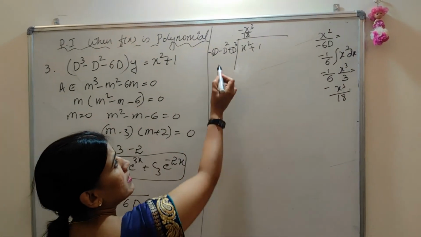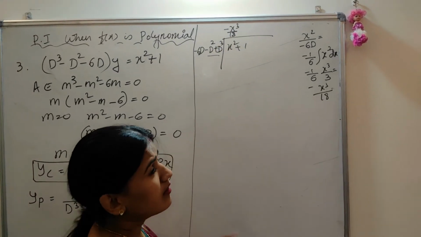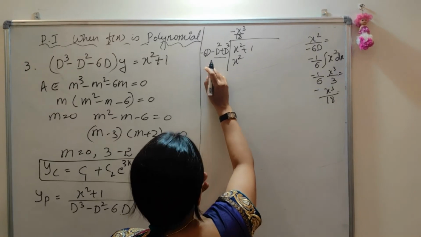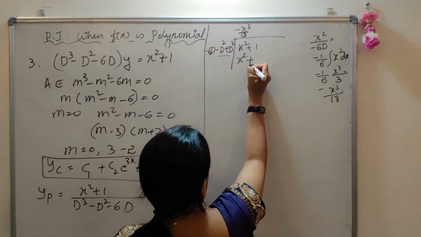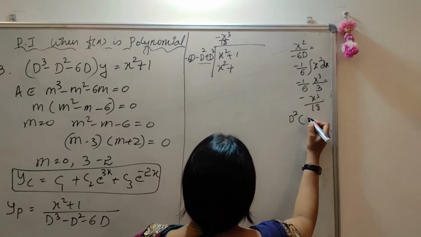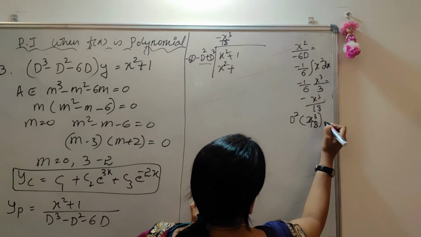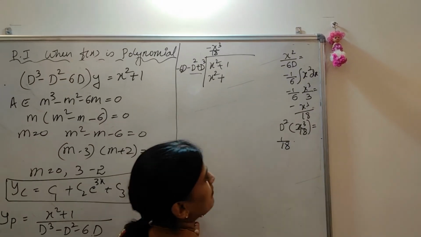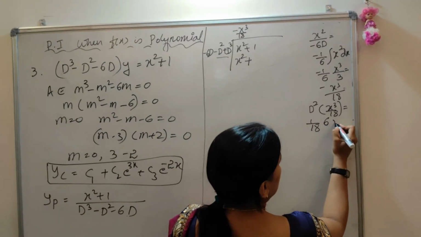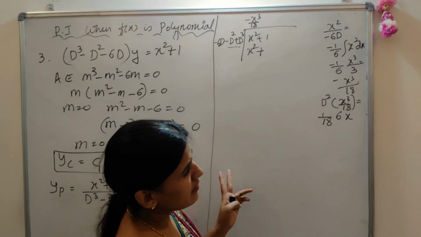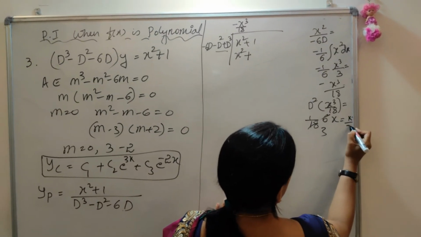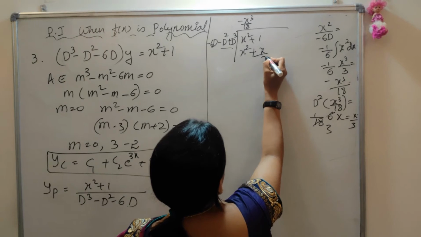The remaining two terms should multiply with the quotient. So, first I write x², then minus into minus plus D² of x³/18. 1/18 is a constant, and the second derivative of x³ is 6x, so this is x/3.